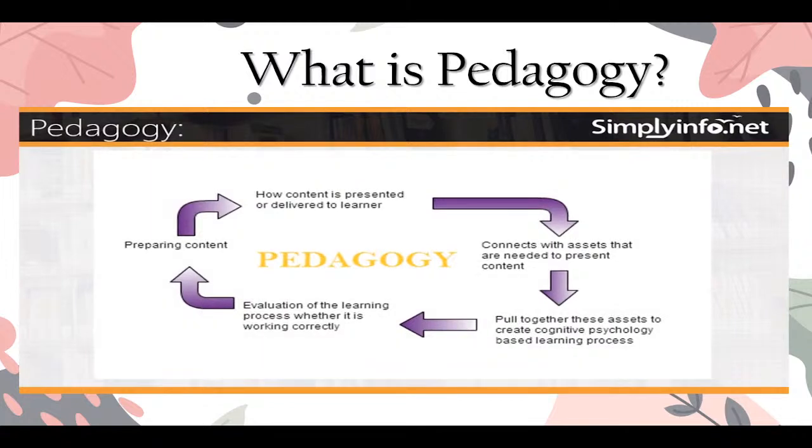Pedagogy: preparing content, how content is presented or delivered to the learner. Connects with assets that are needed to present content. Pull together these assets to create a cognitive psychology-based learning process. Evaluation of the learning process, whether it is working correctly.